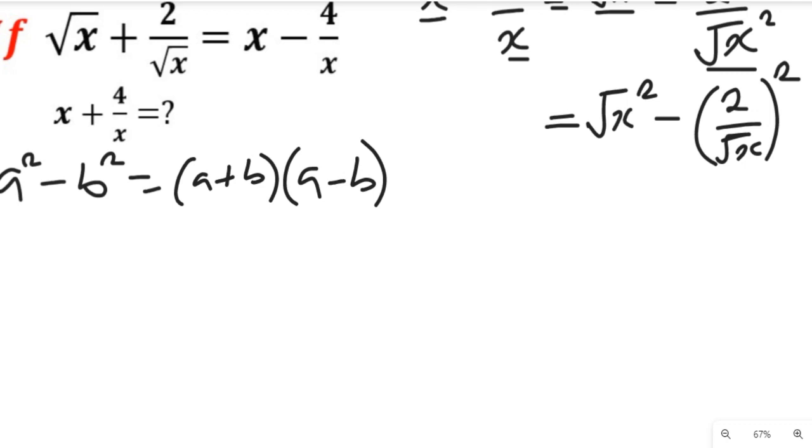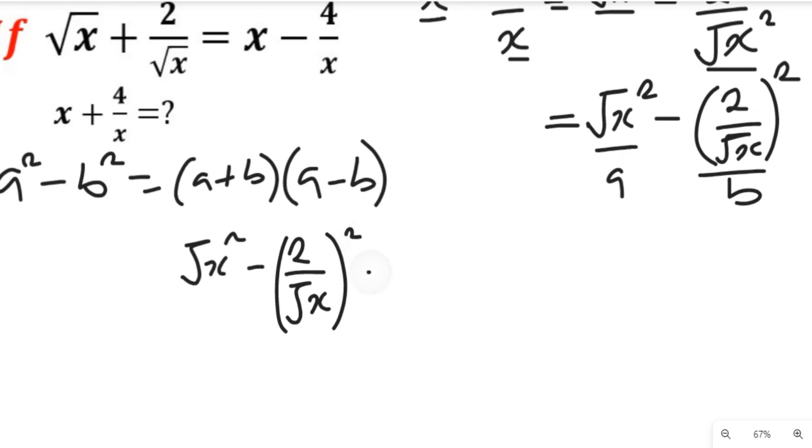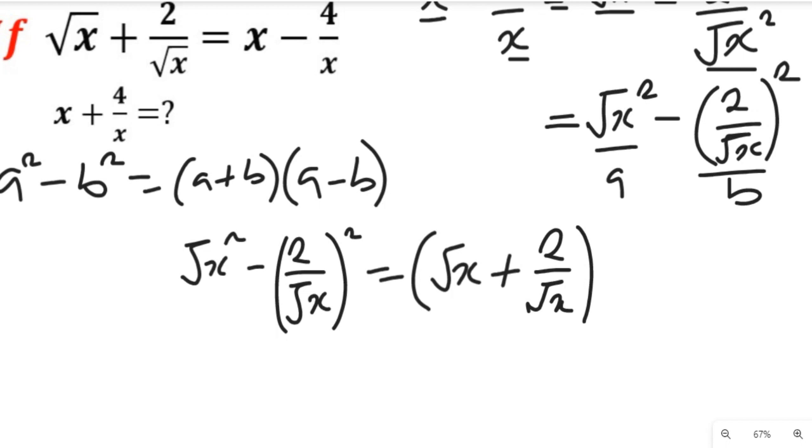If we apply that to this expression, where this expression is our a and this expression is our b, square root of x squared minus 2 divided by square root of x all squared will be equal to square root of x plus 2 divided by square root of x, multiplied by square root of x minus 2 divided by square root of x. So this is exactly what this expression will give us.